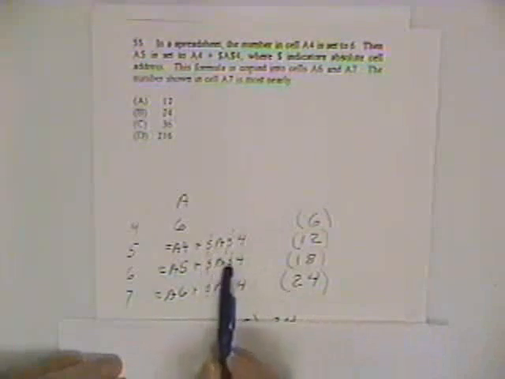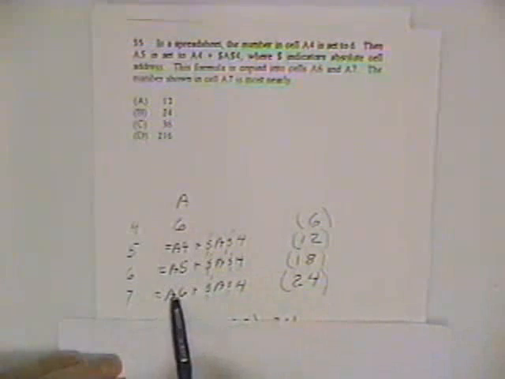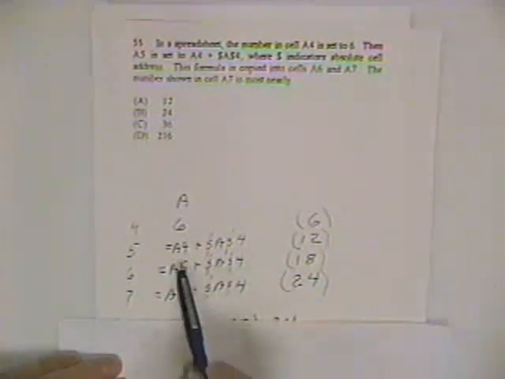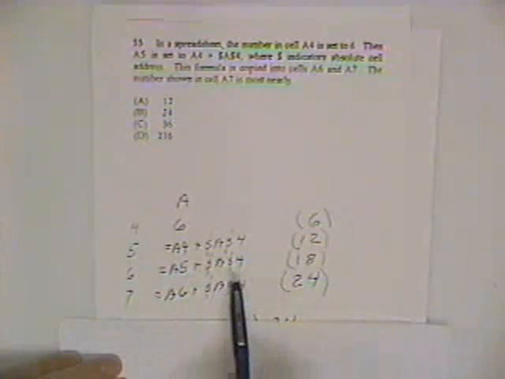So when copied, it refers back to exactly the same cell that it initially referred to, A4. And then when you copy that cell down to A7, again, the relative cell address remains relative. It refers to the cell immediately above it, in this case A6. The absolute address remains absolute. It refers back to cell A4.